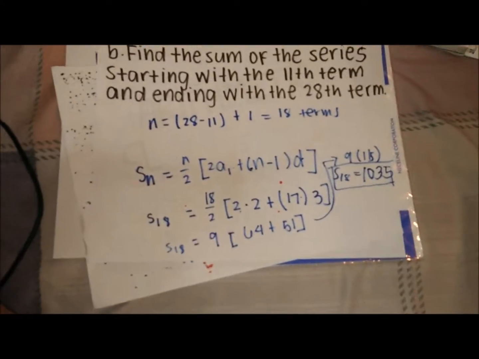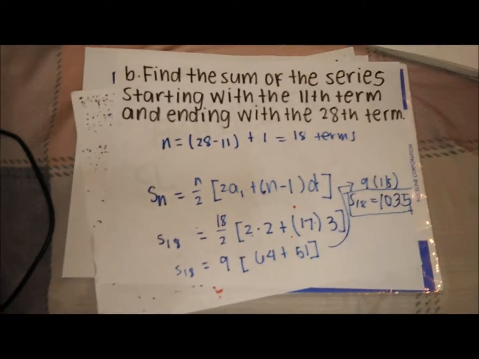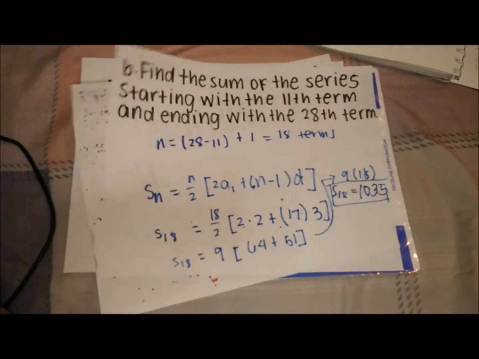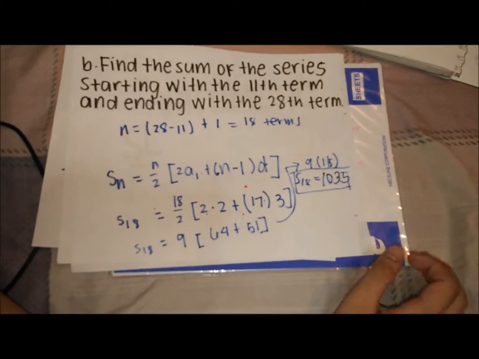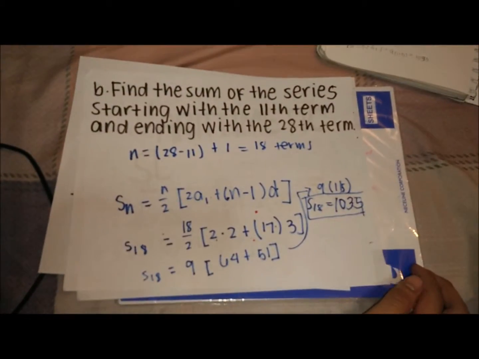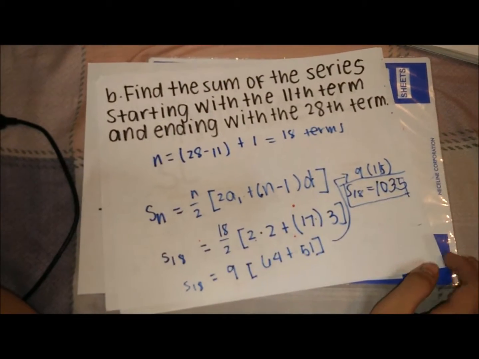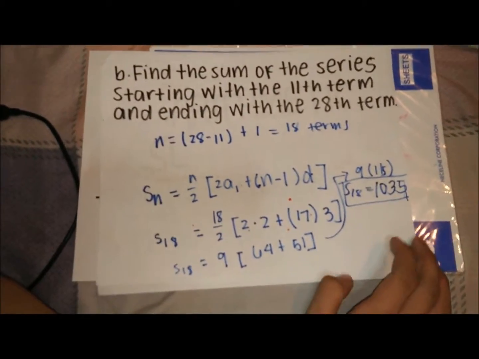So this sums up my video for arithmetic sequences. This topic was kind of hard for me because when we first took it, I didn't really review, and that made it hard. I refused to understand it.